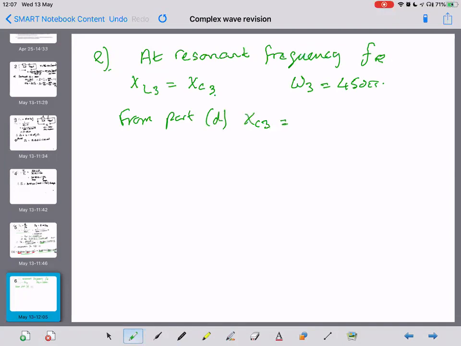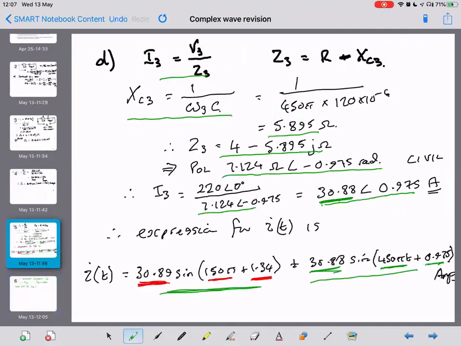XC3 equals, and what was it? 5 point something ohms, wasn't it? 5.895.